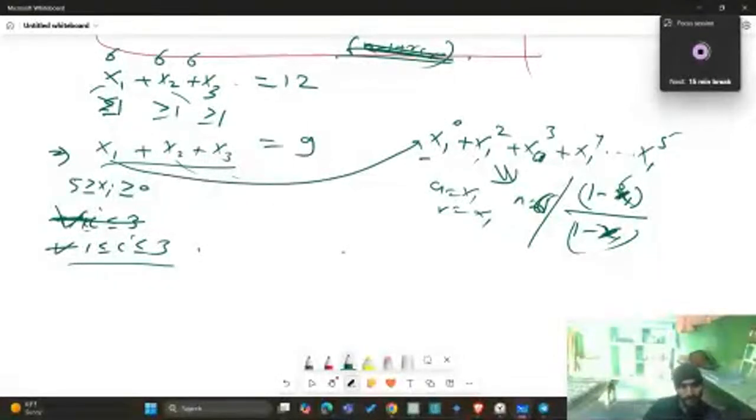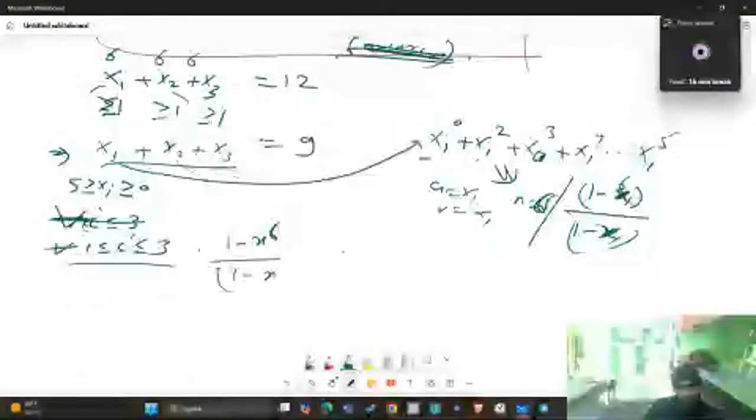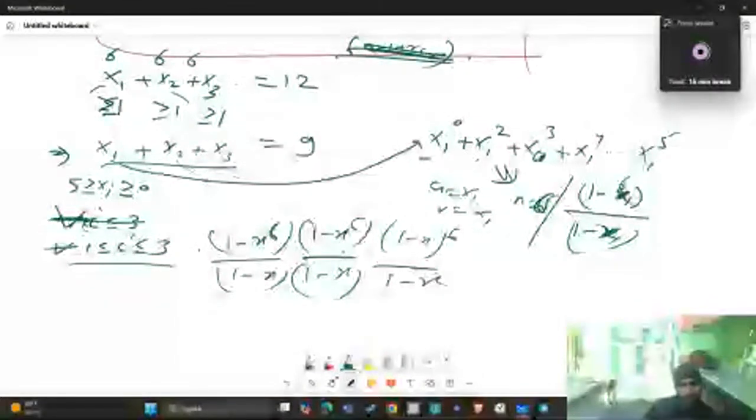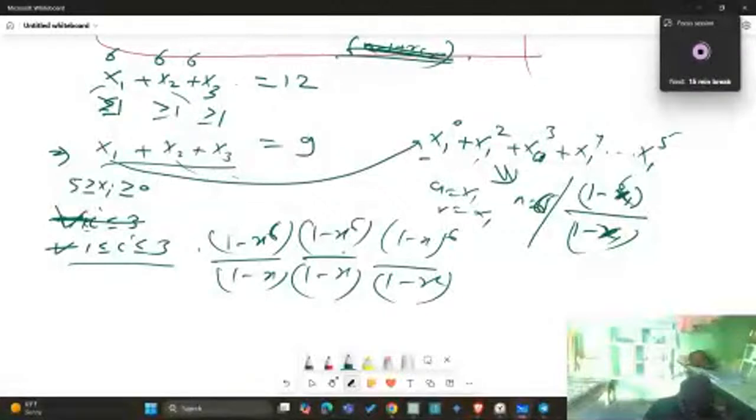So this will become (1 minus x to power 6) upon (1 minus x), for all of them: (1 minus x to power 6) into (1 minus x to power 6) into (1 minus x to power 6) upon (1 minus x) to power 3.